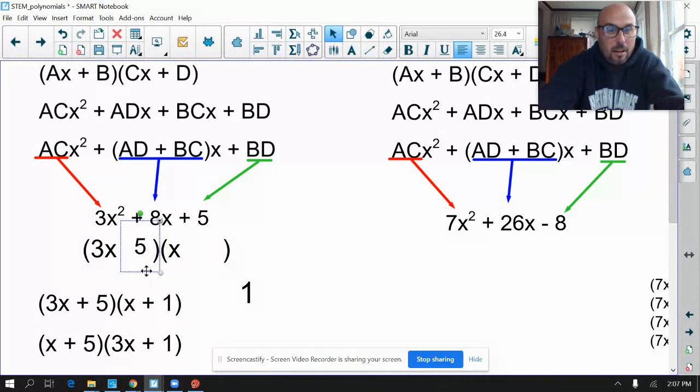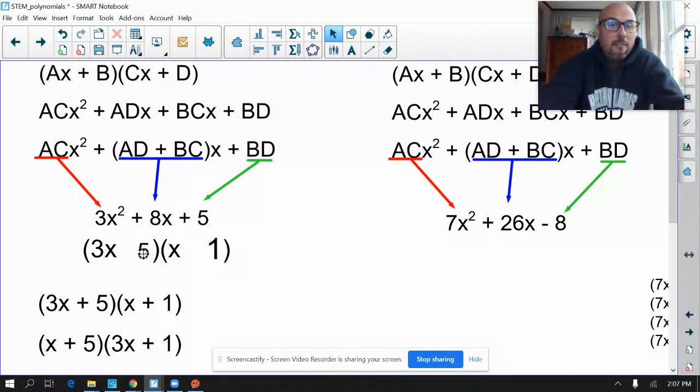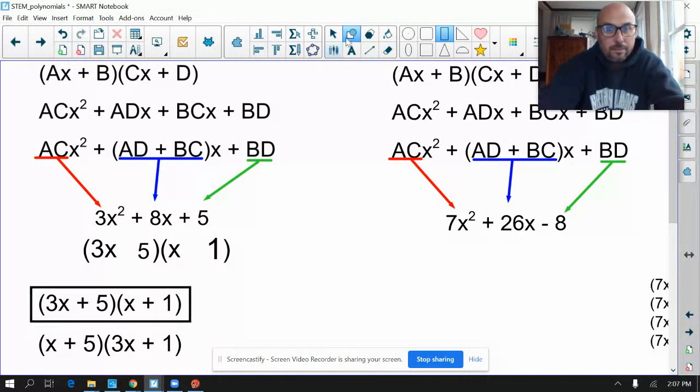If I put the 5 here and the 1 here, now if I multiply this out, 3x times 1 is 3x, 5 times x is 5x, and 3x plus 5x does add up to 8x. So this is the correct factorization, this guy right there.